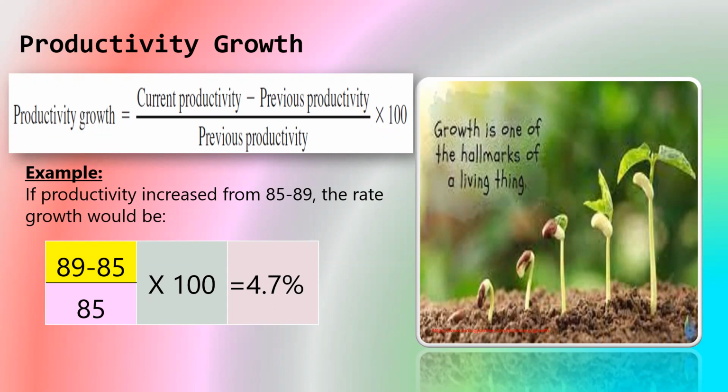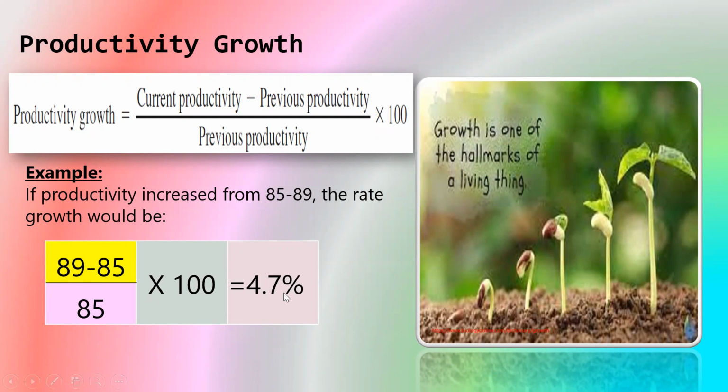So if productivity increases from 85 to 89, the productivity growth is computed as you can see here, I'm pointing out 89 current productivity, that is 89 less the previous productivity divided by 85. So that's 89 minus 85 is 4 divided by 85 times 100% is 4.7.